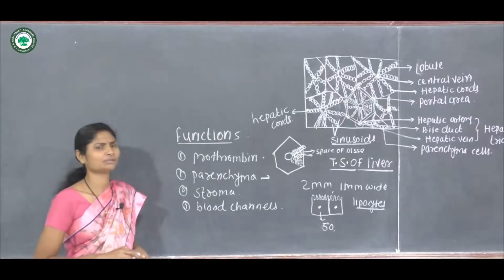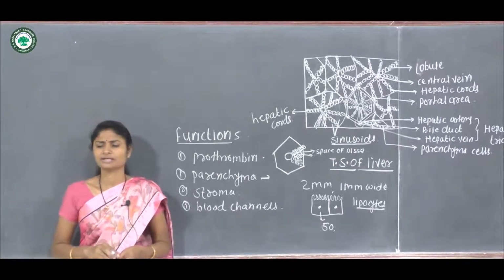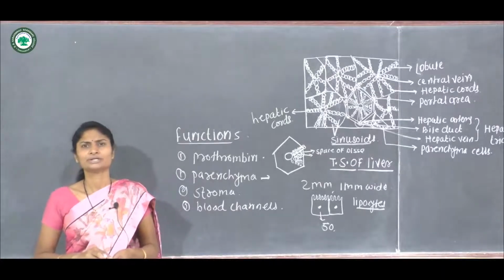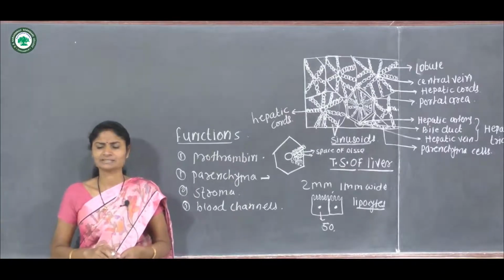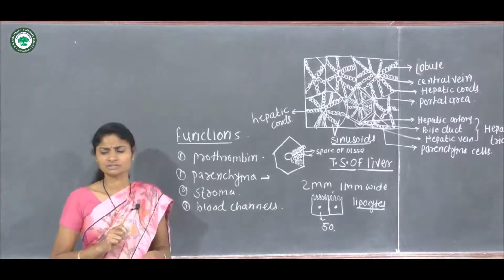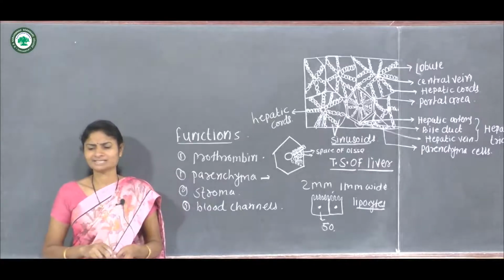This bile canaliculi opens into smaller bile ducts, which are lined by cuboidal cells, and these small ducts join the large ducts, which are lined by columnar cells.